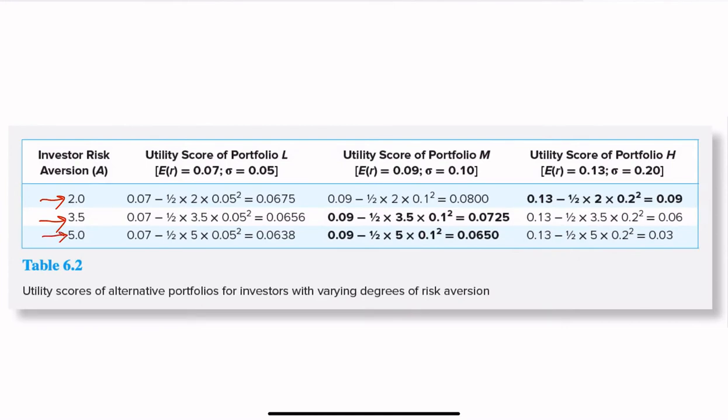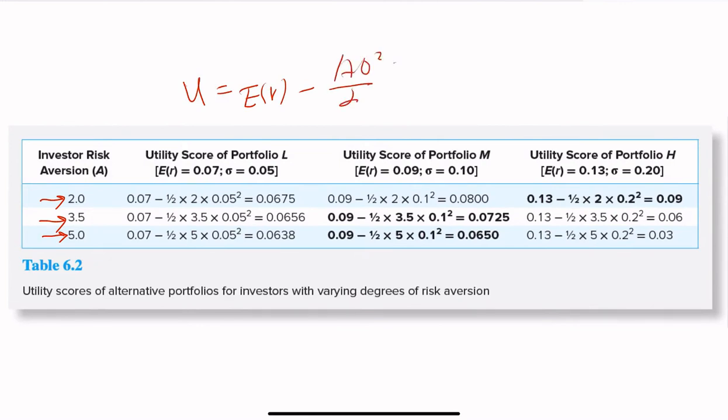So clearly this tells you that the guy with a 5 risk aversion parameter is the most risk averse, right? And now our question is, what is each guy's most preferred portfolio? So what we can do is we will just plug numbers into this utility function, right?